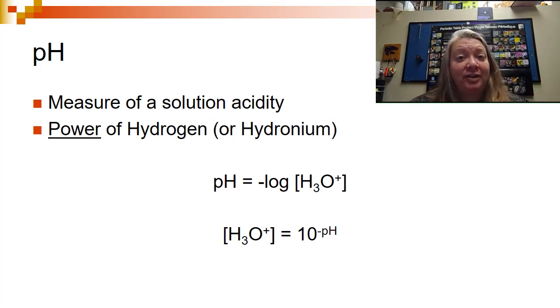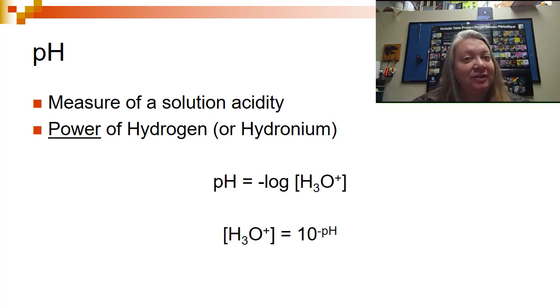So pH is defined as the solution's acidity. It stands for power of hydrogen or power of hydronium. Be sure to know that part, power of hydrogen or power of hydronium. And we have this nice equation at the bottom to be able to calculate what the pH is.